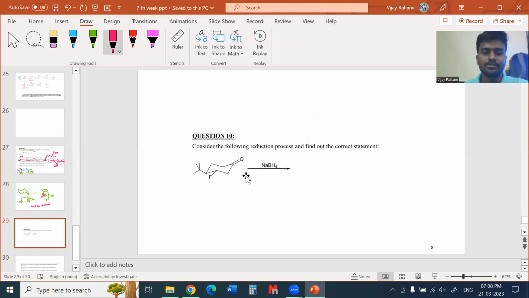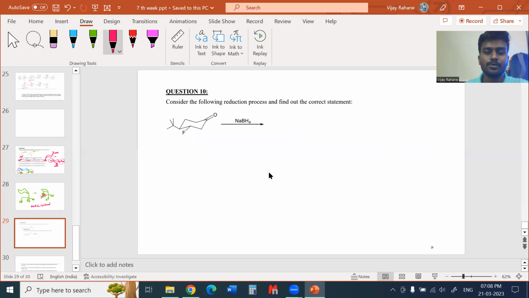In the next question, consider the following reaction and find the correct statement. So they have given the reaction. NaBH4 will release H minus. The hydride can attack from this side, or from the upper side. So which is the correct option here? Where will the attack take place majorly?